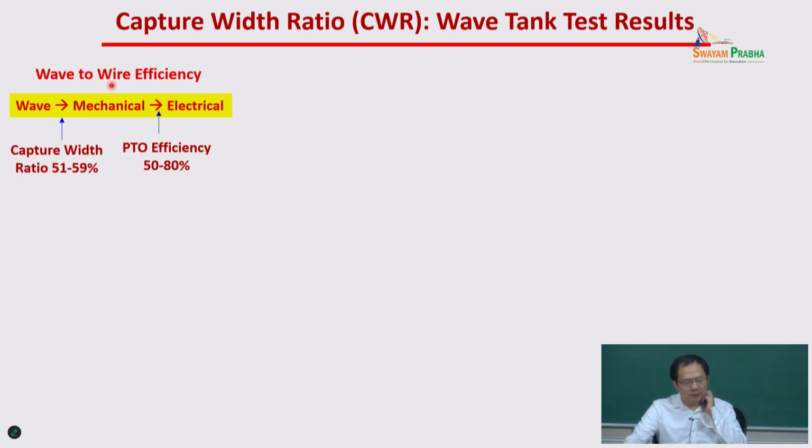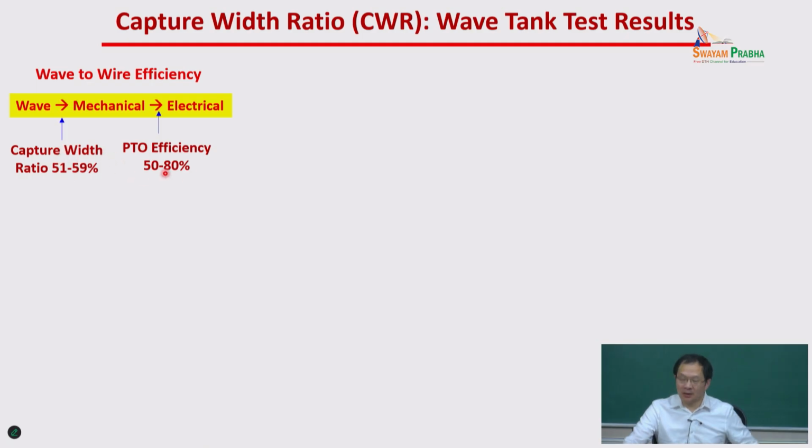So the total wave-to-wire efficiency includes the capture width ratio and also the PTO's efficiency. For the devices we build, the capture width ratio gets 50-60%, and PTO efficiency gets 50-80%. Keep in mind this is the best so far, and it is in a large range.